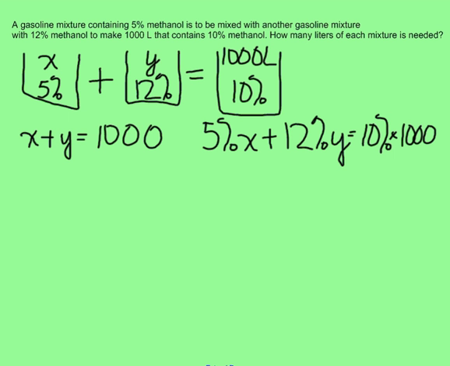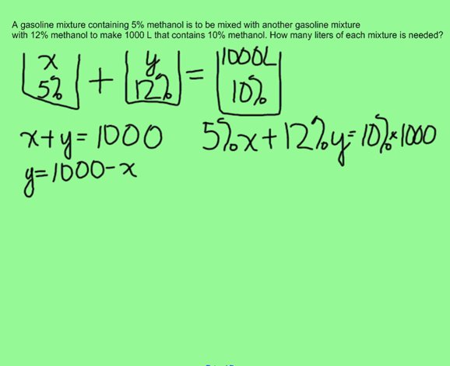That equation represents how much methanol is in each mixture. We had solved for Y, so Y was 1,000 minus X, and we did that previously because that was easier to set up a table of values for graphing.